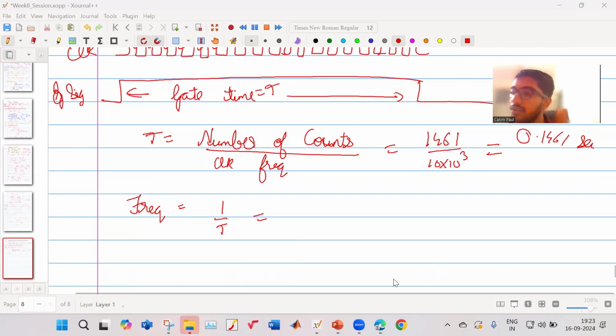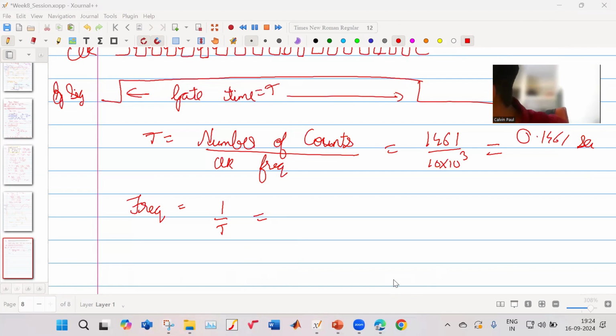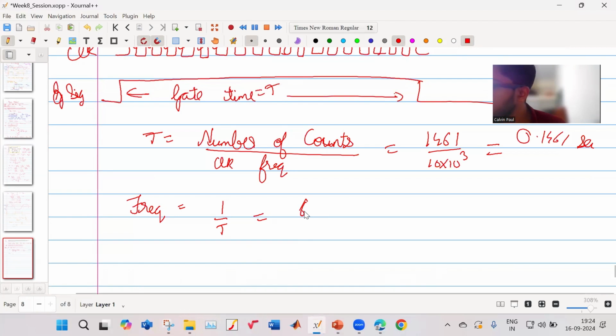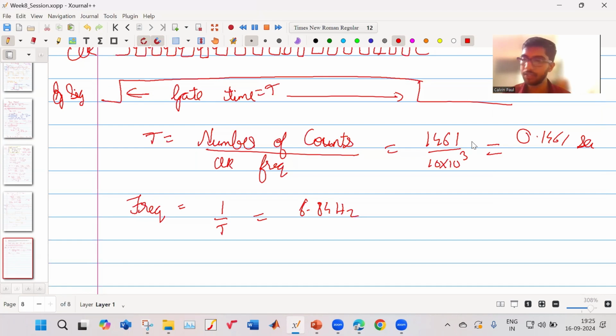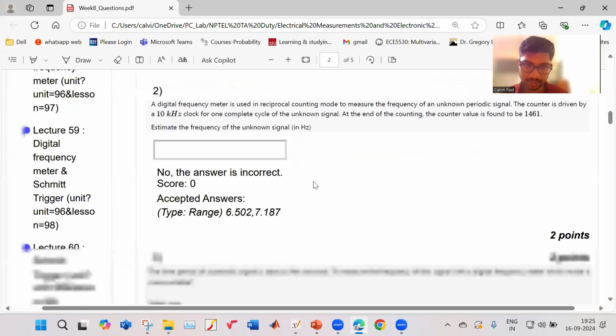It is 6.84 hertz. So now we got the frequency of my signal, 6.84 hertz, and we have used this reciprocal counting method. We'll go to the next question.